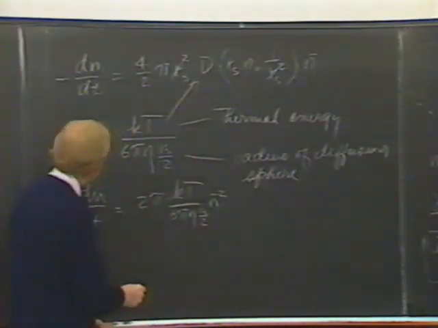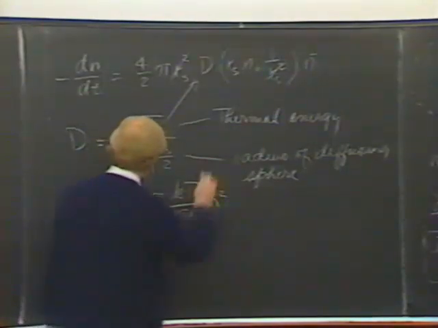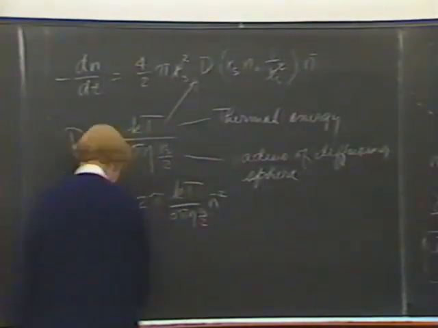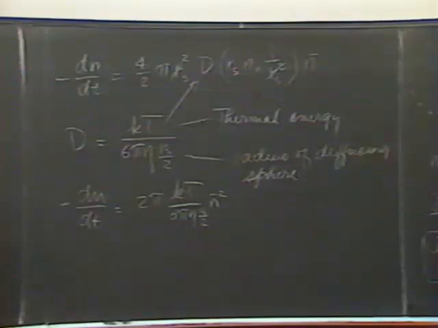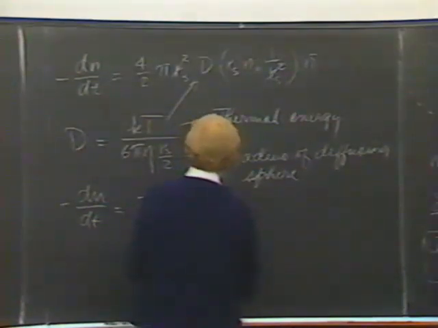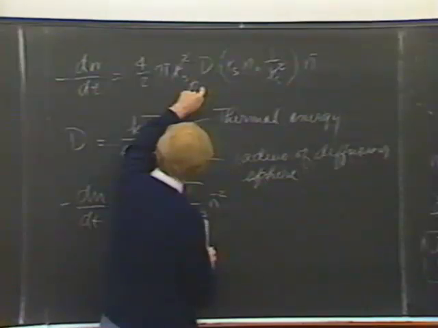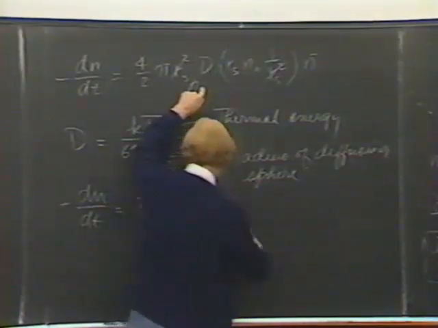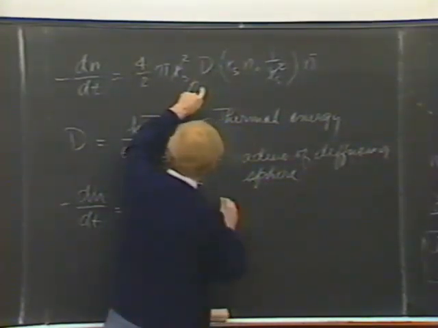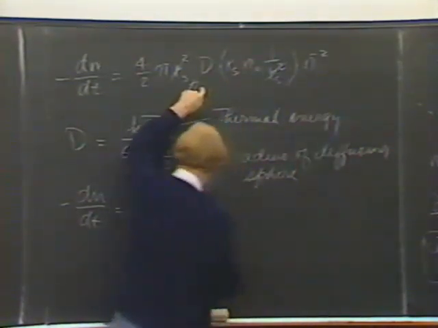I better put it all in there: 2 pi times r_s squared, times n.